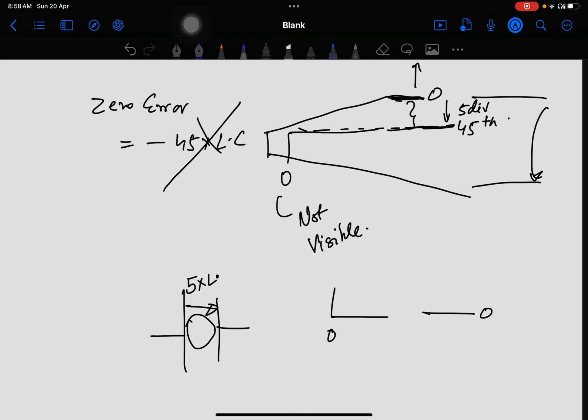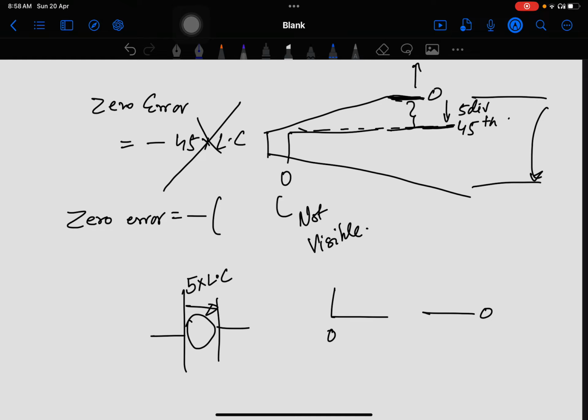And each division is of least count. That means 5 into least count has been moved, right? So in this case, the zero error is not 45. In this case, the zero error is just the difference between 50, the total CSD, and 45. And this is a negative zero error.